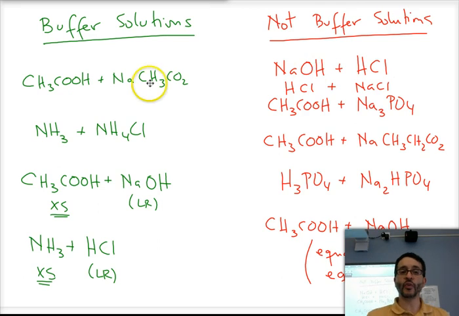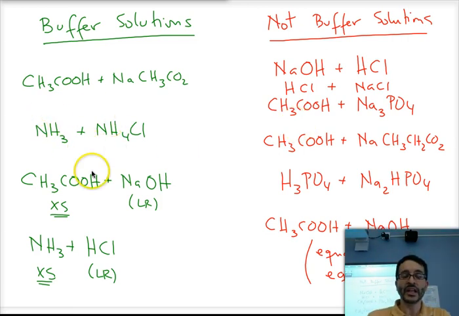So you have to have a weak acid and the salt of its conjugate base, like we have in the first case of the buffer solution column. Now you could also have it for bases. You could have ammonia and ammonium chloride, and that is a conjugate pair of a weak base and its conjugate acid. So therefore that is also going to act as a buffer.